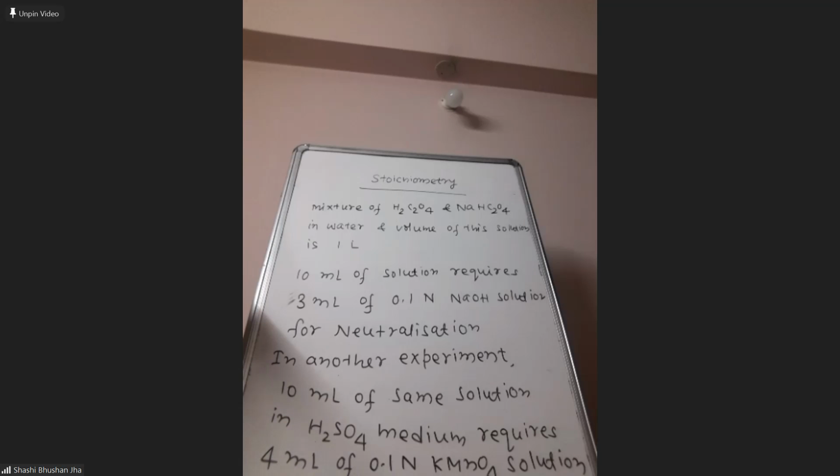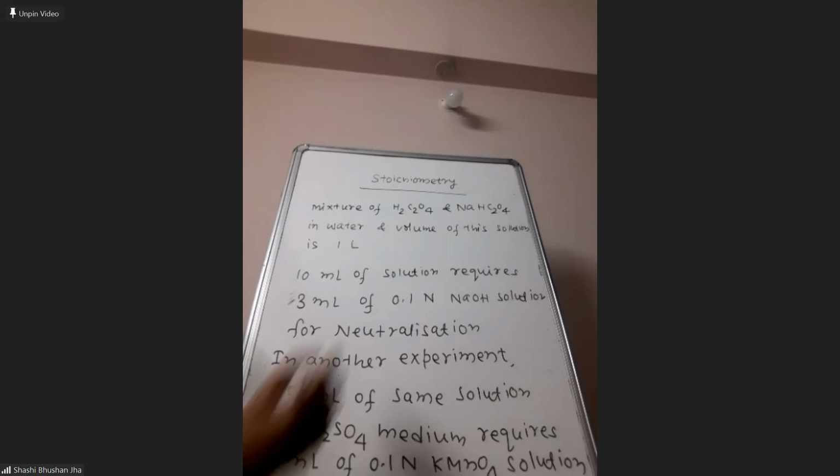In another experiment, 10 milliliter of the same solution in sulfuric acid medium requires 4 milliliter of 0.1 normal potassium permanganate solution for complete reaction. Calculate the masses of oxalic acid and sodium bioxalate in the mixture. You need to calculate the mass of these two in the mixture.